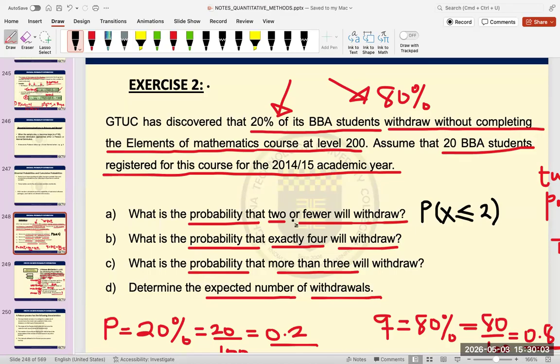2 or fewer. Fewer means less. So what's the probability that 2 will withdraw, or 1 will withdraw, or nobody will withdraw? That is what this one means.